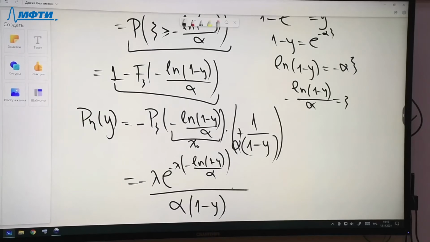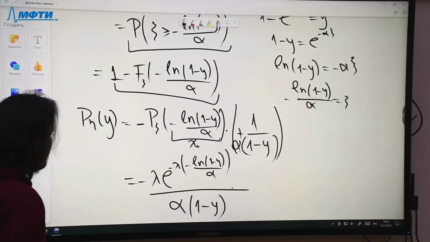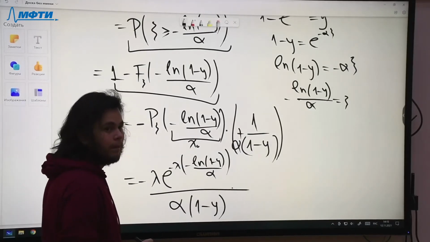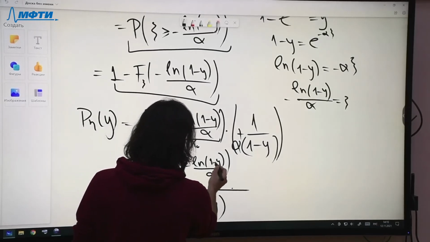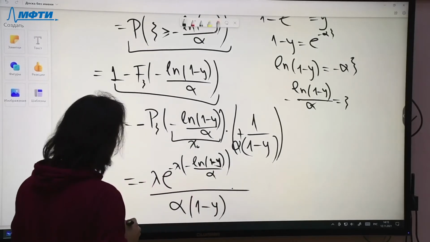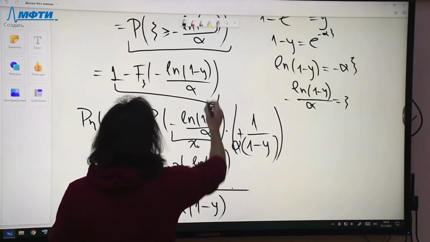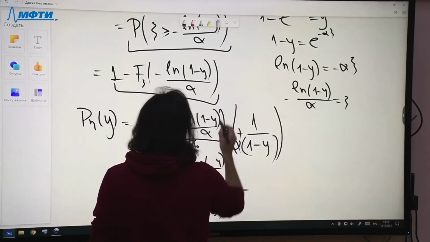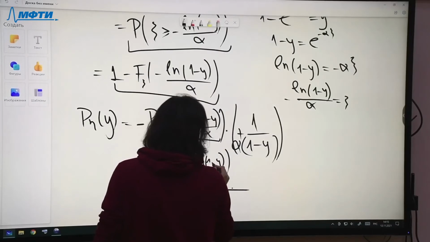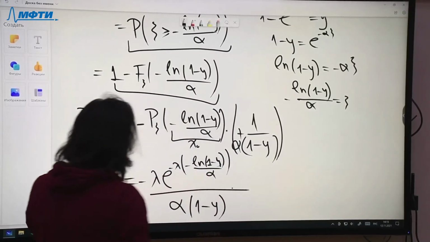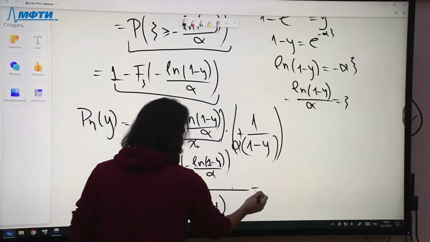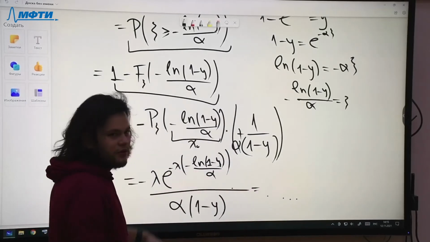Is it minus ln 1 minus y? So it is the power of minus ln 1 minus y inside the bracket. Yeah, 1 minus y, yes. That's it. Well, we can reduce it to something else, but this is the answer somehow, okay?